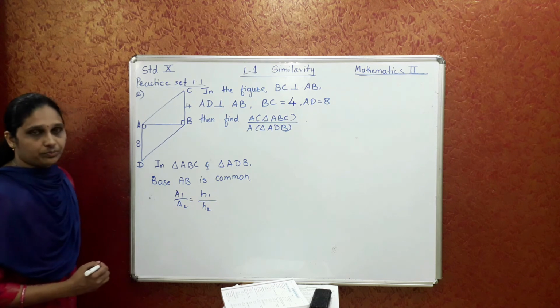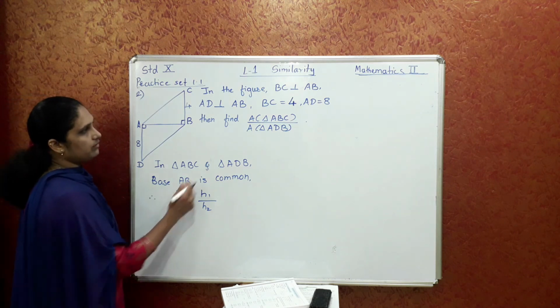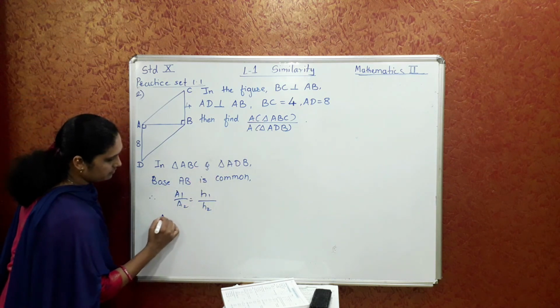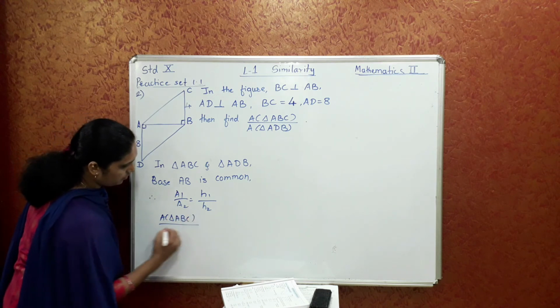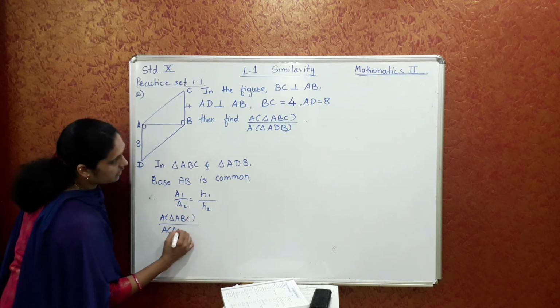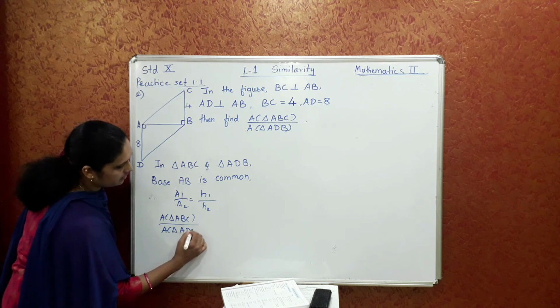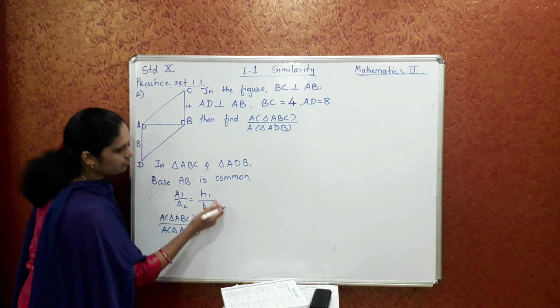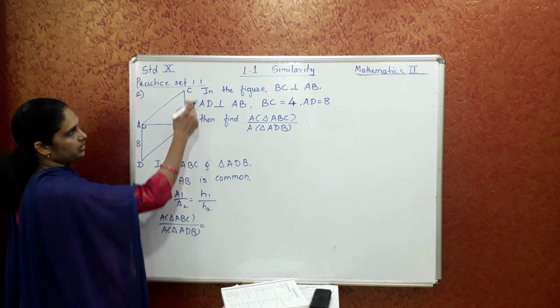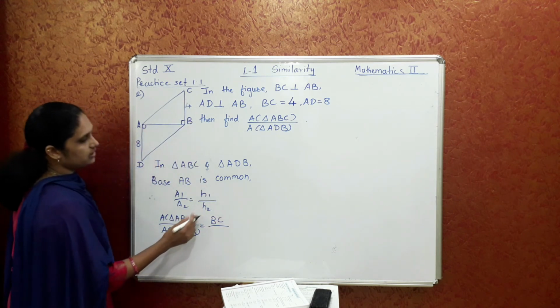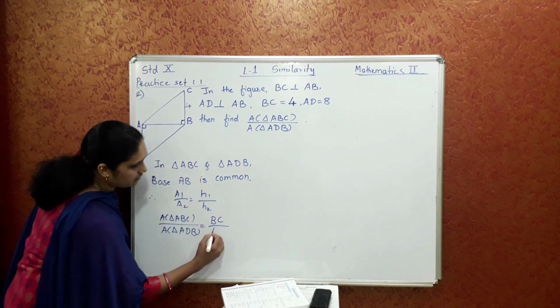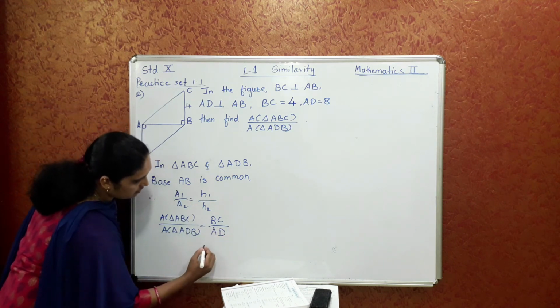Now this property we are going to apply. A1 means area of triangle ABC upon area of triangle ADB equal to, now what is H1? H1 is BC. So I will write BC upon, what is H2? H2 is AD, so I will write AD here.